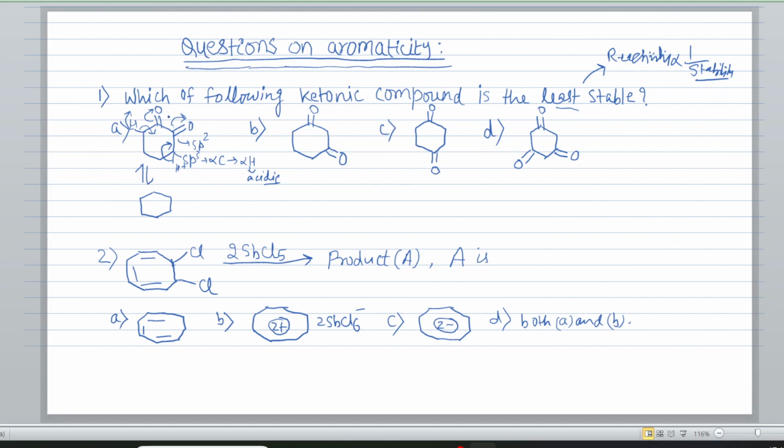These two negatively charged oxygens will accept H plus and finally get converted into OH groups, and this ring will have double bonds in conjugation. So here we can put an OH group, here also an OH group, a carbon carbon double bond here, and here also a carbon carbon double bond is formed. So we have converted the ketonic form into the enolic form.